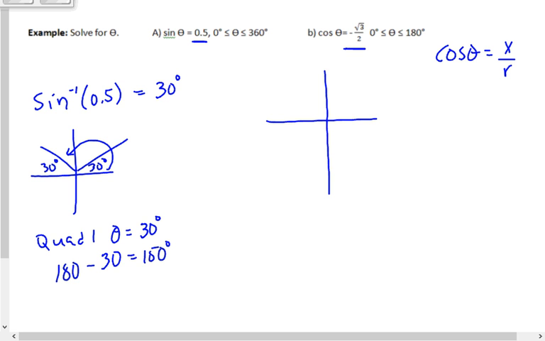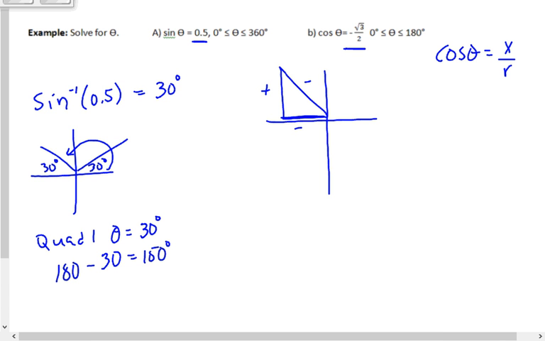So we have to think about which quadrant is going to give us a negative ratio for x over r, okay? In this second quadrant, we're going to have a negative x this way and a positive y going up, and r is always positive. So x would be negative, y would be positive, and our hypotenuse would be positive. Okay, that is the only quadrant that this question has an angle measure for.